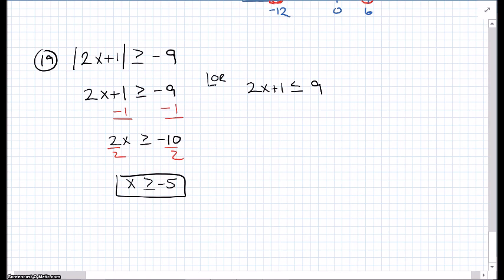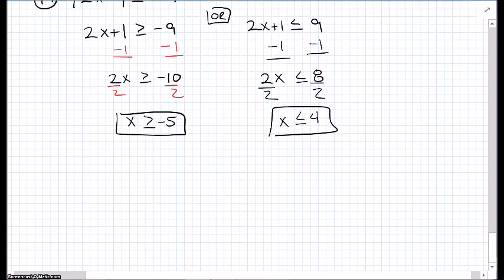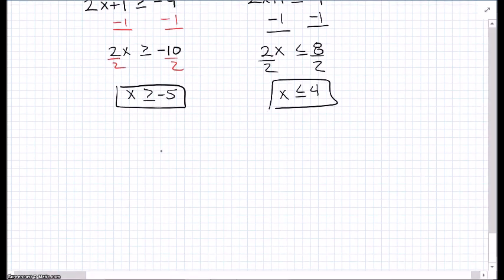We have our OR statement. Subtract 1. So I'm going to get 2x is less than or equal to 8. Divide each side by 2. I'm going to get x is less than or equal to 4. So chart that on a number line.